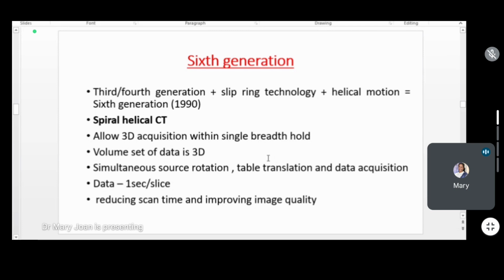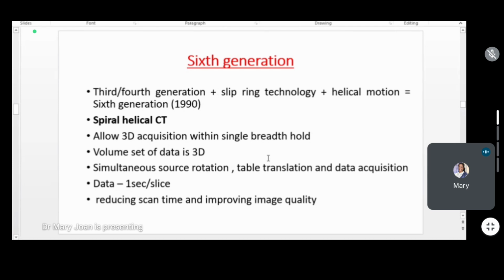So third, fourth generation plus slip ring technology plus helical motion is what is called a sixth generation. So we generally talk till fourth generation, where the acquisition time changed.